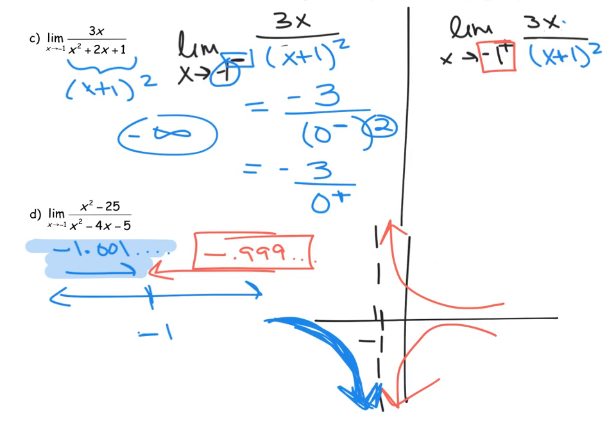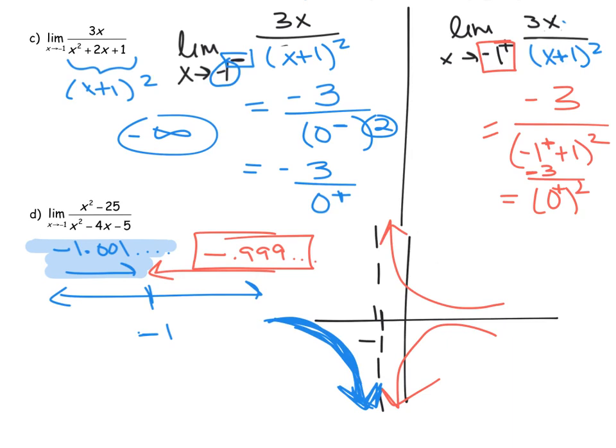So if I have positive 3 times essentially -1, well, that's just going to be -3 all over, now plugging in this -1 coming from the right, plus 1, squared. Well, this is going to end up being a positive 0. It's very close to 0, and it's a positive value squared, all over that negative. So -3 divided by 0 squared.